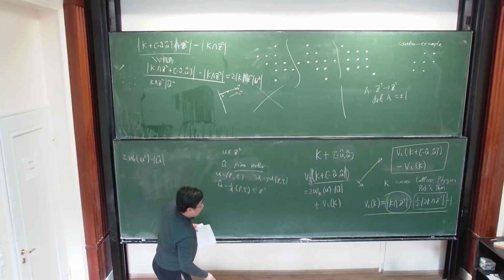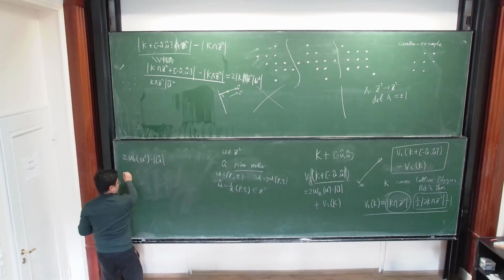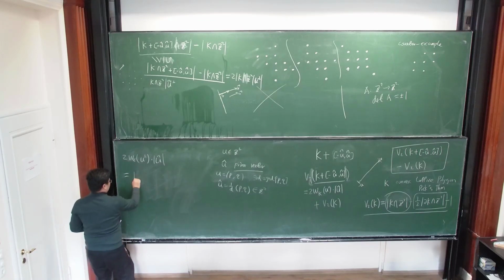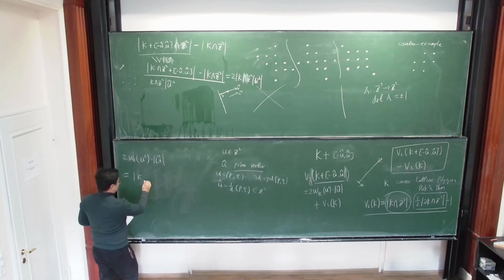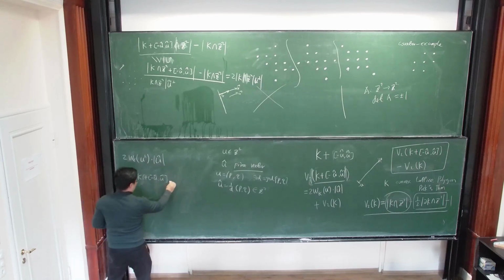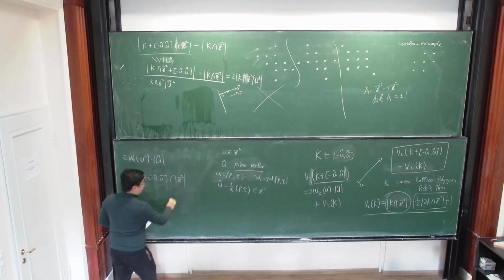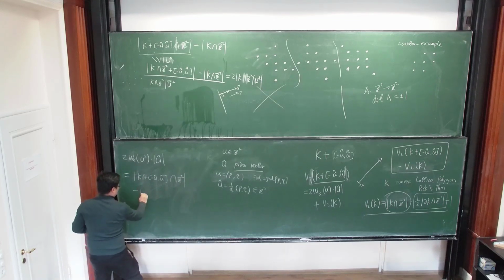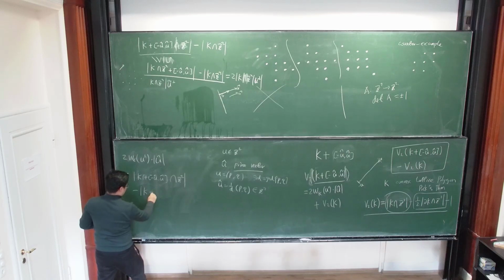And then the difference of these 3 is exactly, if you have K intersect K plus minus U hat, and then intersect with Z2, this number, subtract K intersect with Z2.